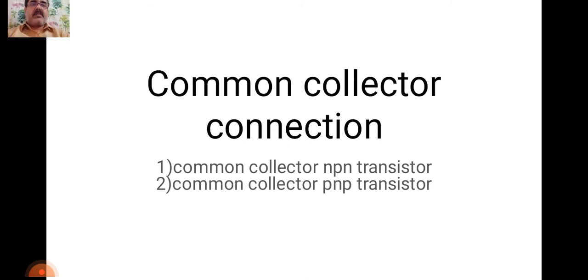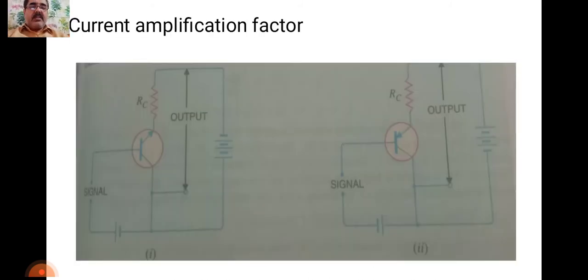You have to observe that in this circuit diagram, input is applied between base and collector, while output is taken between the emitter and collector. Hence, the collector of the transistor is common to both input and output circuit, and hence its name is common collector connection.